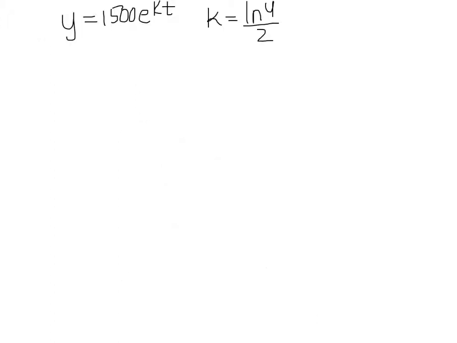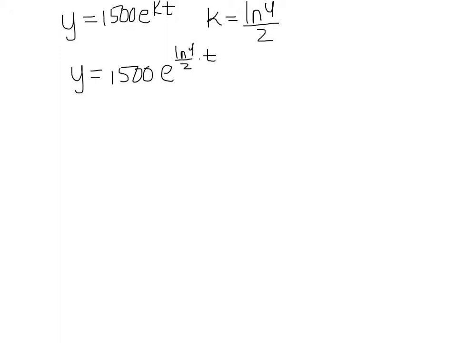Alright, so here's my initial equation again, and here's my k value of natural log 4 divided by 2. Let me just substitute that in. I'm looking at my initial condition of 1,500 e to the kt, where k is equal to natural log 4 over 2 times some amount of time. And the final piece of information that we're told is that we are looking at t equaling 3.